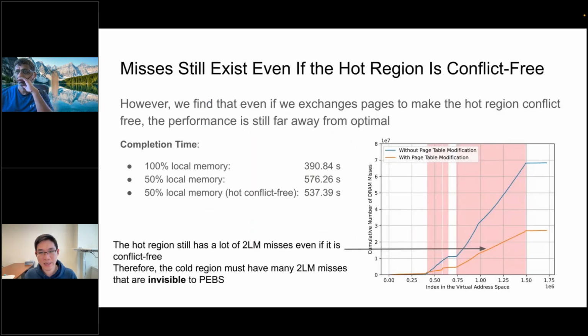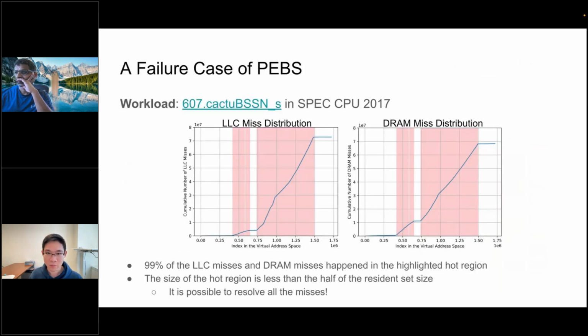Can you explain one question I have? What exactly is the x-axis? Index in the virtual address space means what? Yeah. The index in the virtual address space is the page index in the virtual address space.